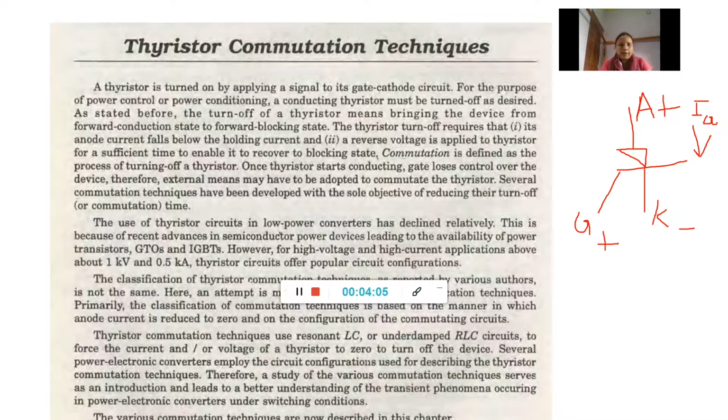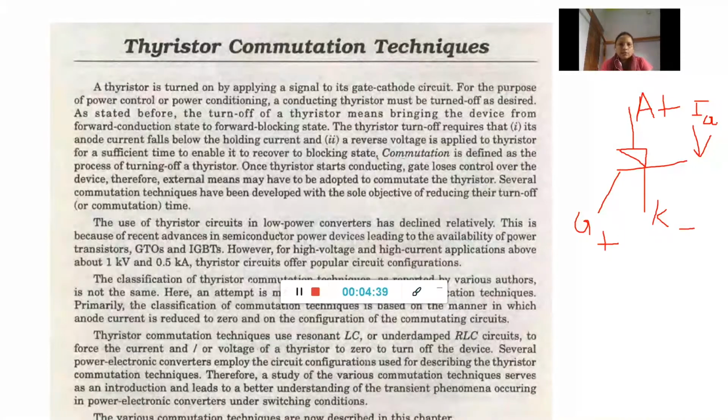By using these semiconductor devices, like here is your SCR or thyristor, we can accomplish power control, power conditioning tasks. For that purpose, we need to turn on and turn off the thyristor at the required moment or as desired.